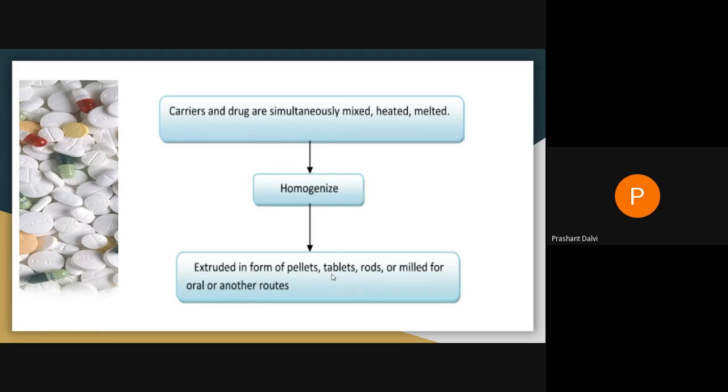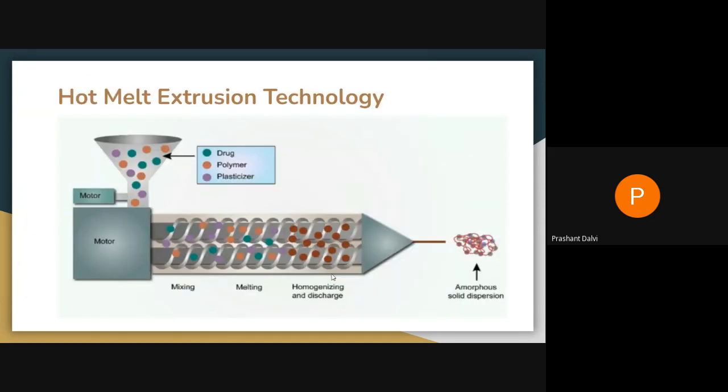These extrudates are subjected to different processes, that is drying and milling, and different pellets form. These pellets you can subject to compression, or you can also enclose them into capsules for further processing, right? In this way you can prepare these dosage forms, yes or no?